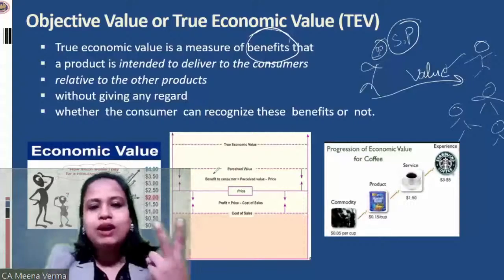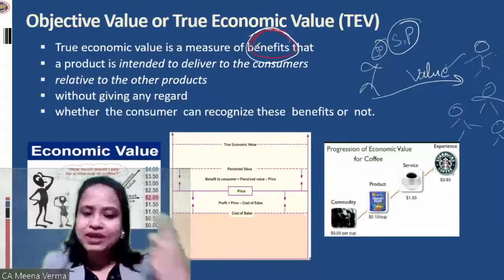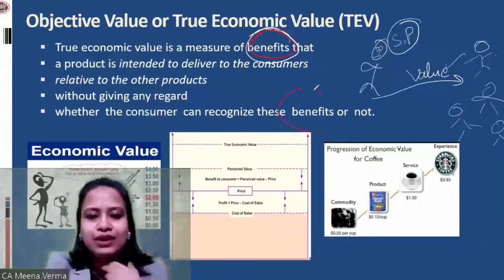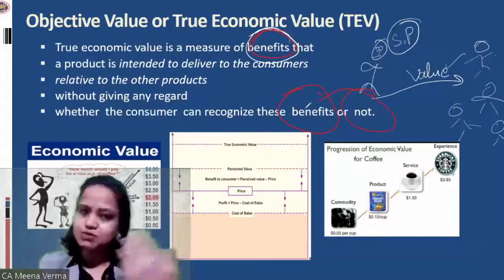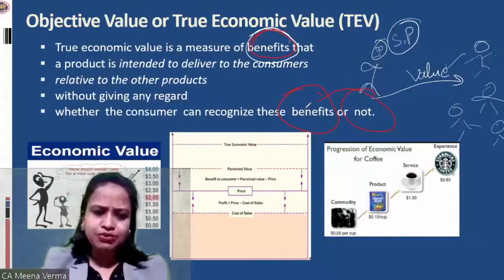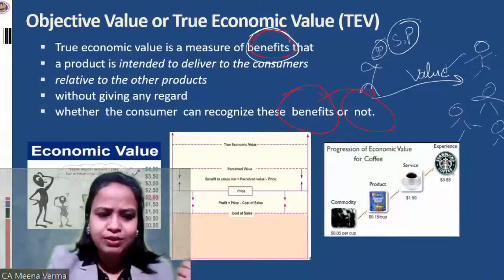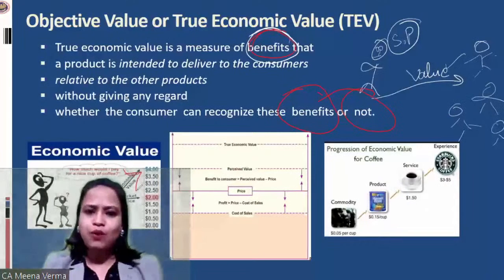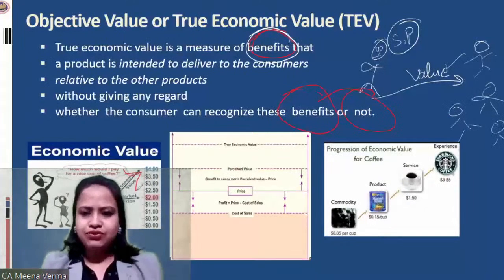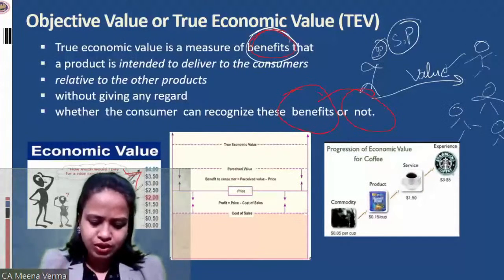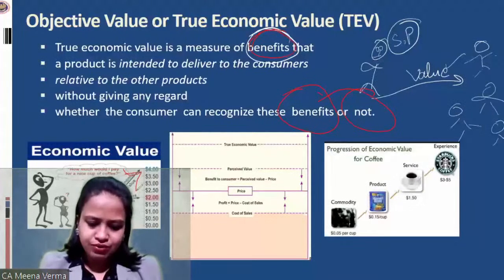So though the company is giving benefit to the customer, there are some customers who recognize the benefits and some who do not. But yes, the company is providing the benefit. So this is true economic value, or objective value. Now, if you have any doubt, you can ask me, or we will do a question related to this topic.